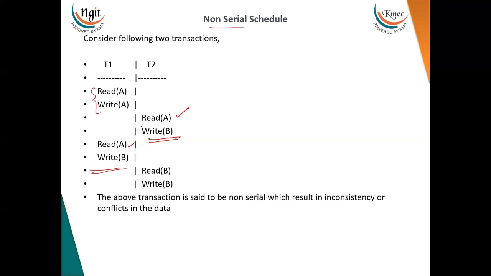So this kind of interleaving of transactions may lead to several conflicts. That is non-serial schedule. You can see the statement over here: the above transaction is said to be non-serial.